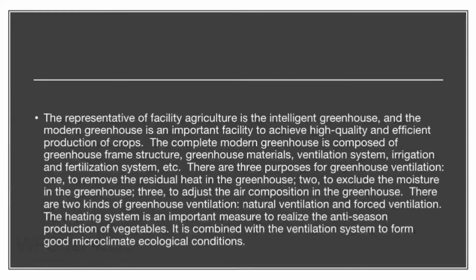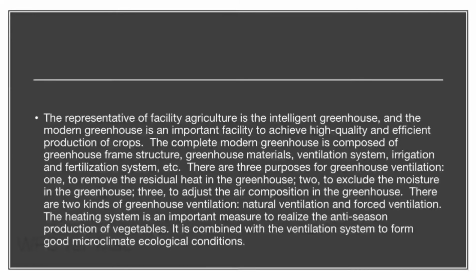There are three purposes for greenhouse ventilation. The first, to remove the residual heat in the greenhouse. The second, to exclude the moisture in the greenhouse. The third, to adjust the air composition in the greenhouse. There are two kinds of greenhouse ventilation: natural ventilation and forced ventilation.